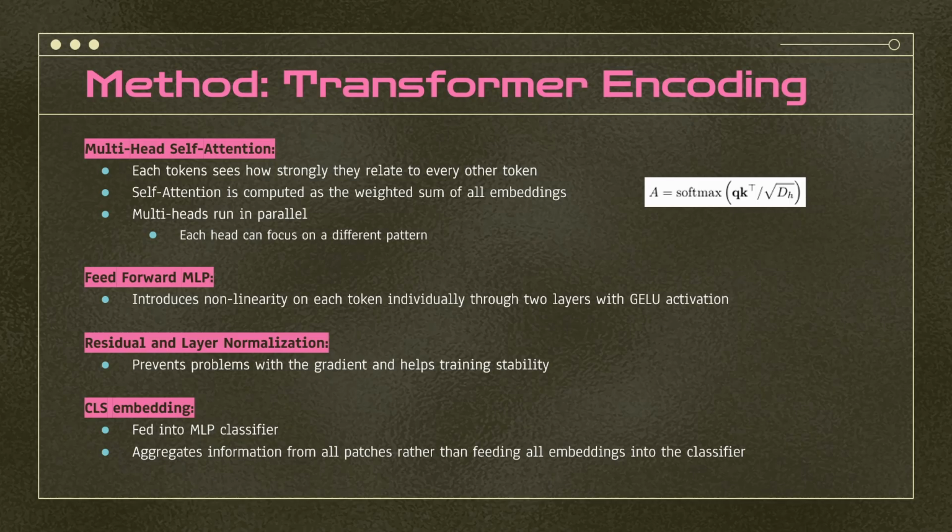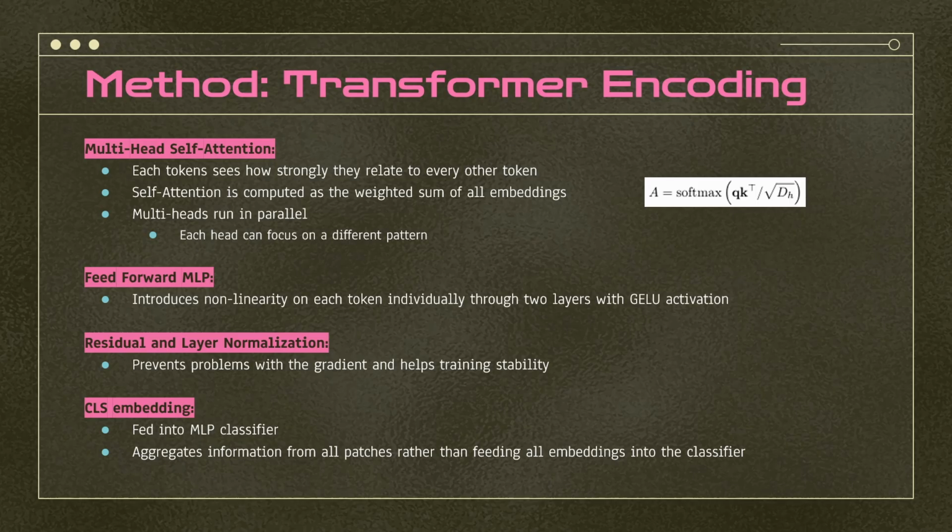And after that, there's a feed forward MLP. This introduces nonlinearity on each token individually through 2 layers with a GELU activation function. We also have, like the others, residual connections and layer normalization, which prevent gradient explosion or vanishing and help with training stability.